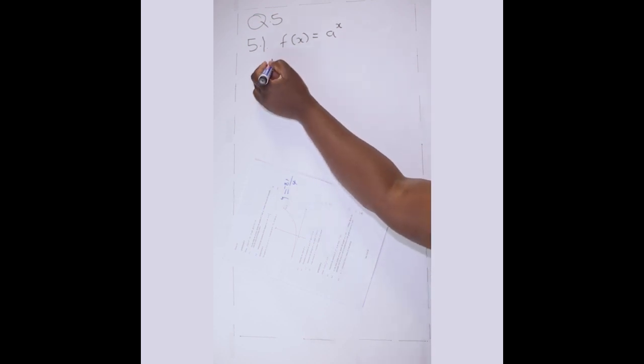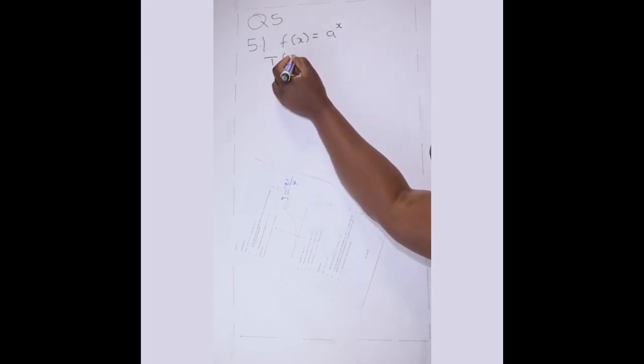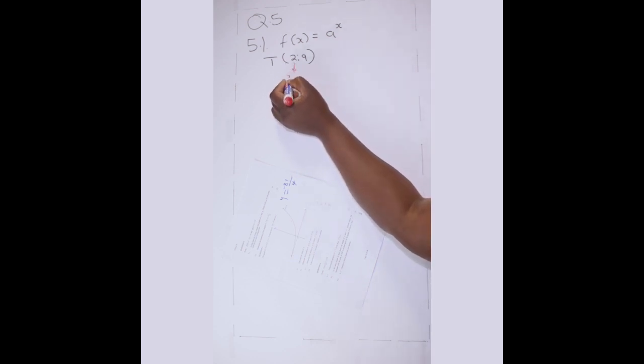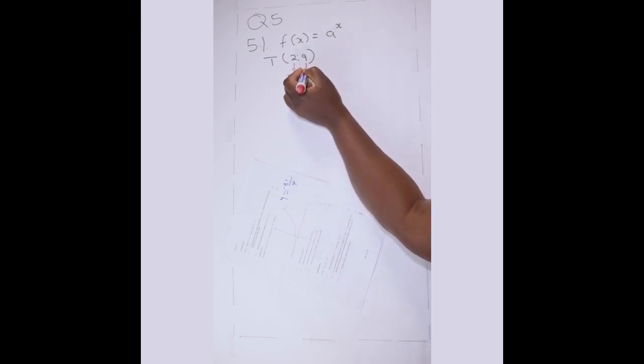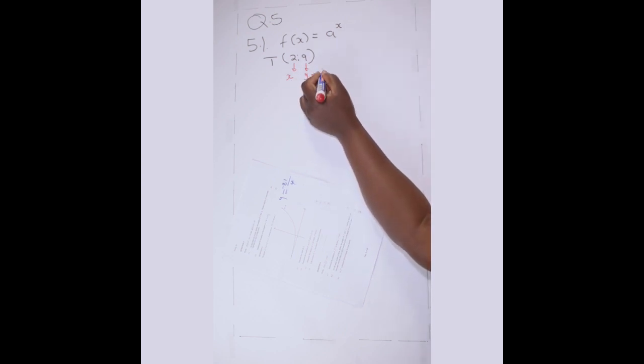We are given the point T, which is (2; 9). We must substitute that. 2 represents the x value and 9 represents the y value, so the y value in this case is our f of x. Then we can find our a.